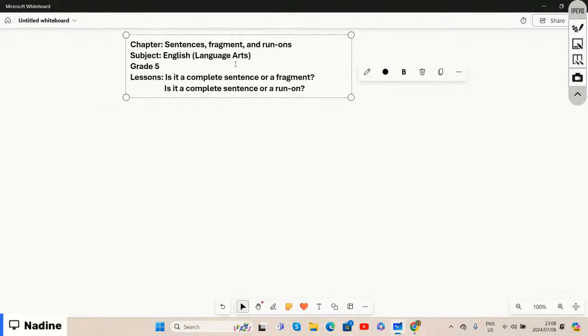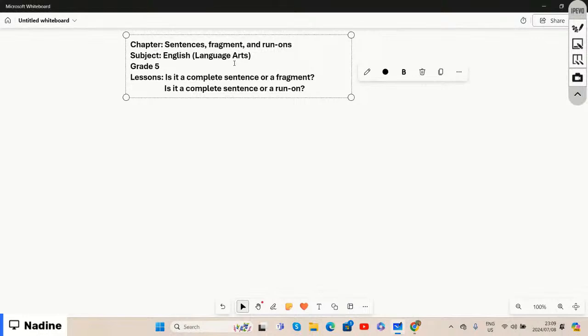And we say the subject is either the person, animal, or thing that is doing the action. And a verb is the action that either the person, animal, or thing is doing.